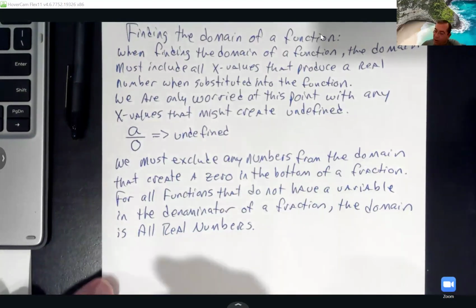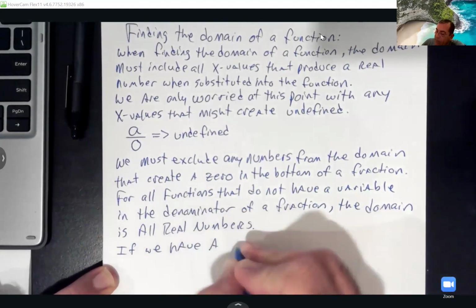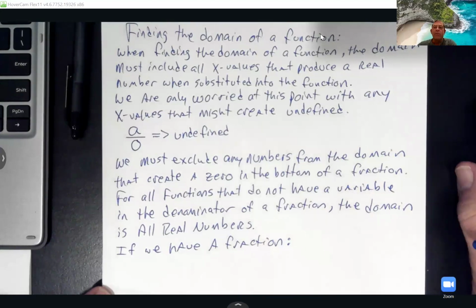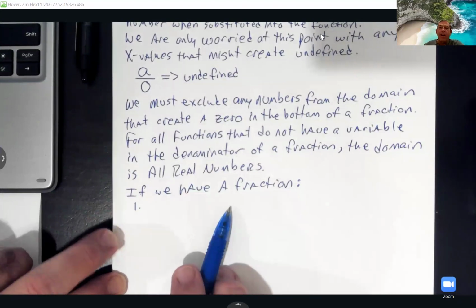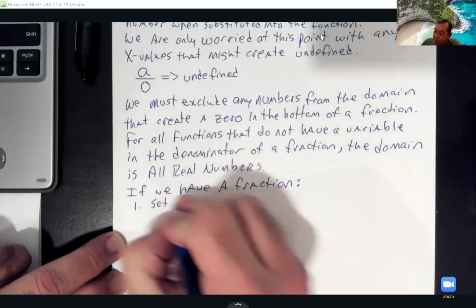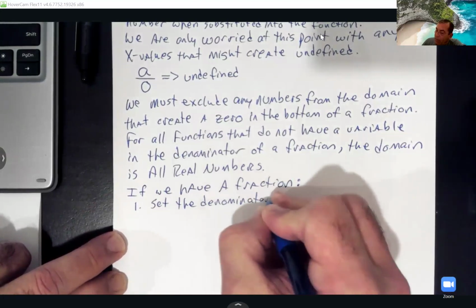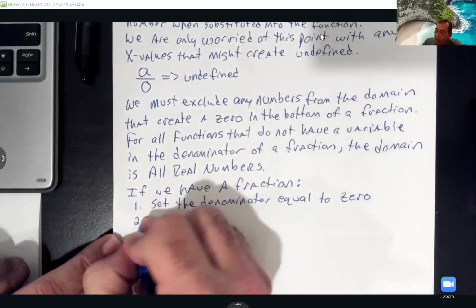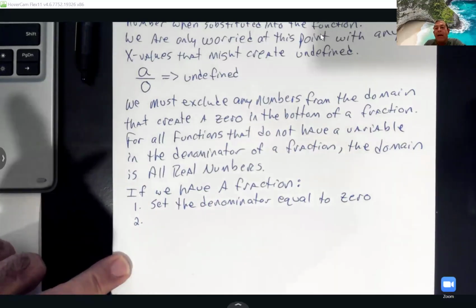Now, if you do have a fraction, so if we got a fraction, what do I do? The first thing I do if I have a fraction, I'm going to take the denominator and set it equal to 0. Because y'all, if I set that denominator equal to 0, I can solve it for x values that make that happen.